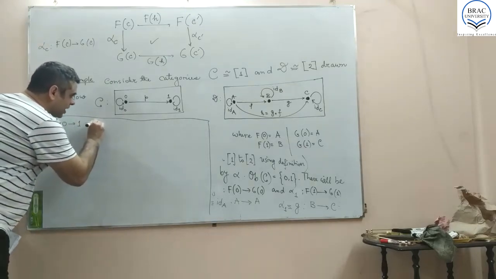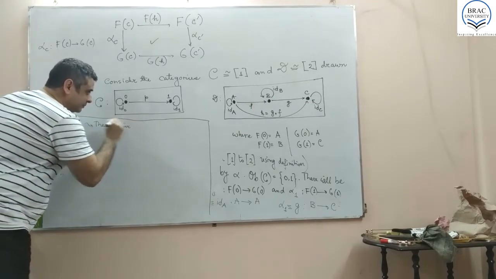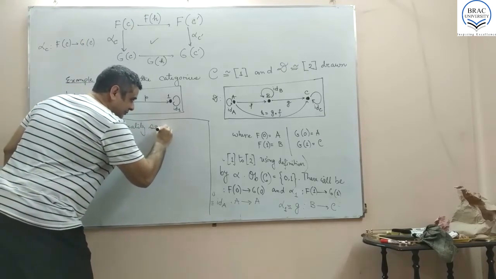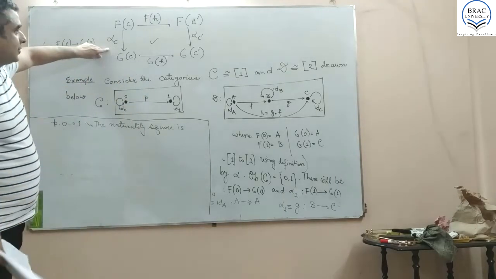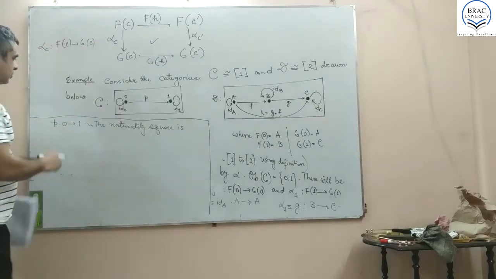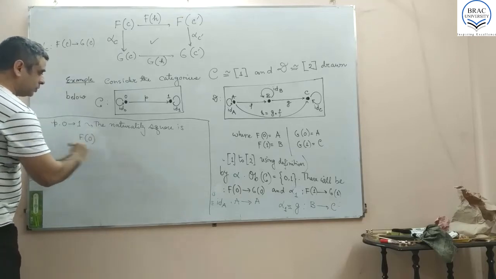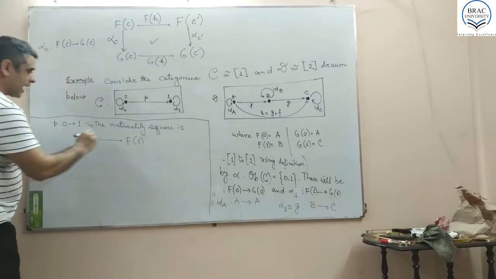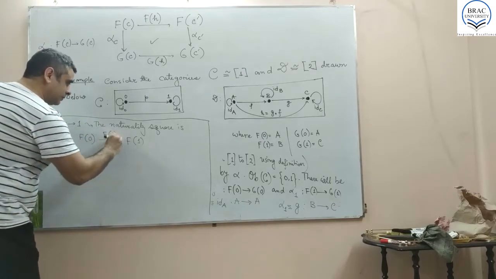The naturality square associated with this morphism in category C, well, this is the general type of naturality square. So in our case, it's going to be F0 to F1 under the action. So the morphism is going to be FP.